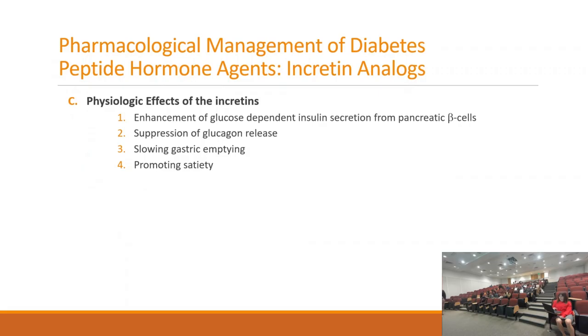The incretin hormones also suppress glucagon, and that will suppress stored glucose release from tissues like the liver. It also slows gastric emptying and gives you a feeling of fullness. And some of the weight loss effects of the drug are associated with these things in terms of their physiologic effects.